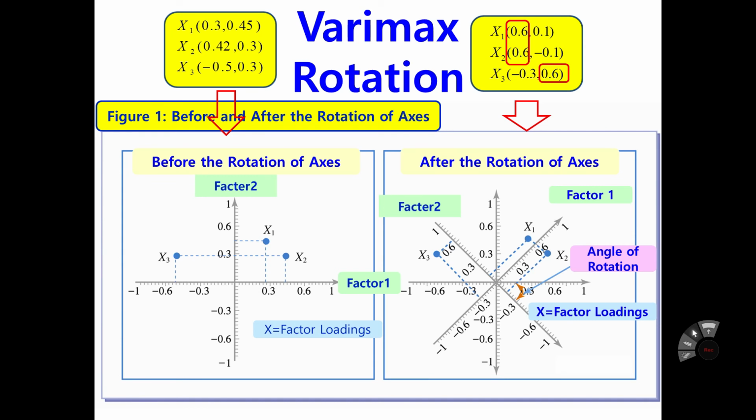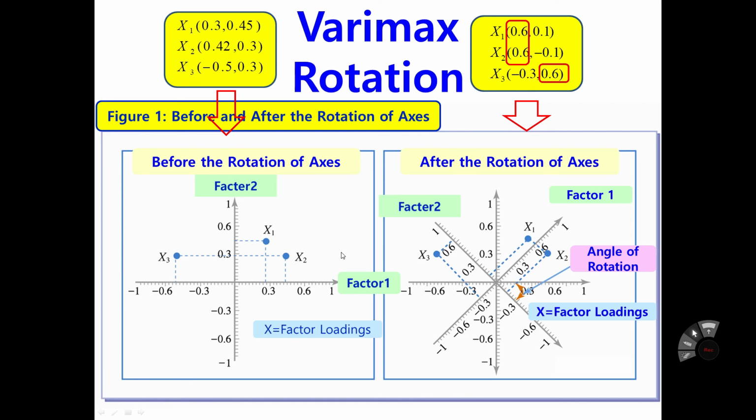So we can rotate the situation to the second stage, the after-rotation case, and the coordinates will change a little bit, 0.3 to 0.6, 0.45 to 0.1, something like that. So we have a case of after the location.